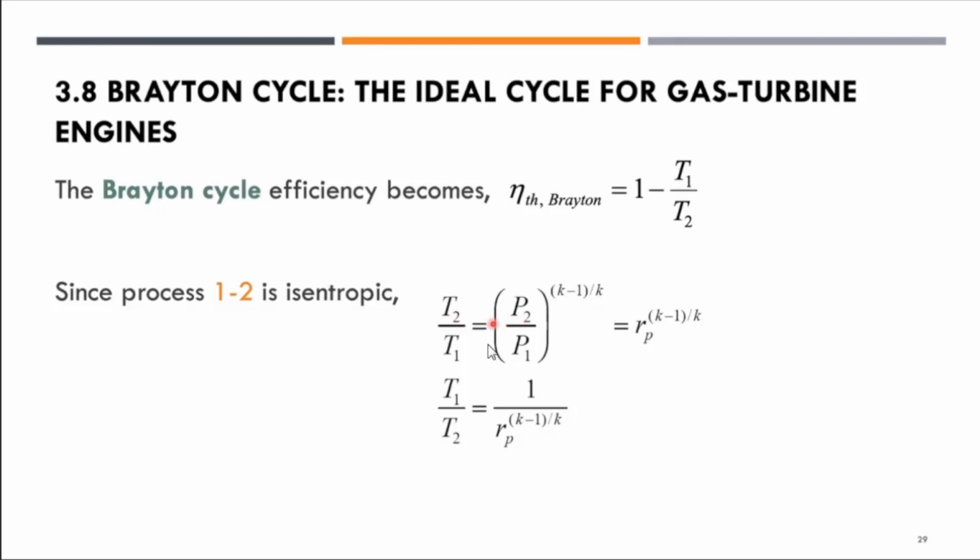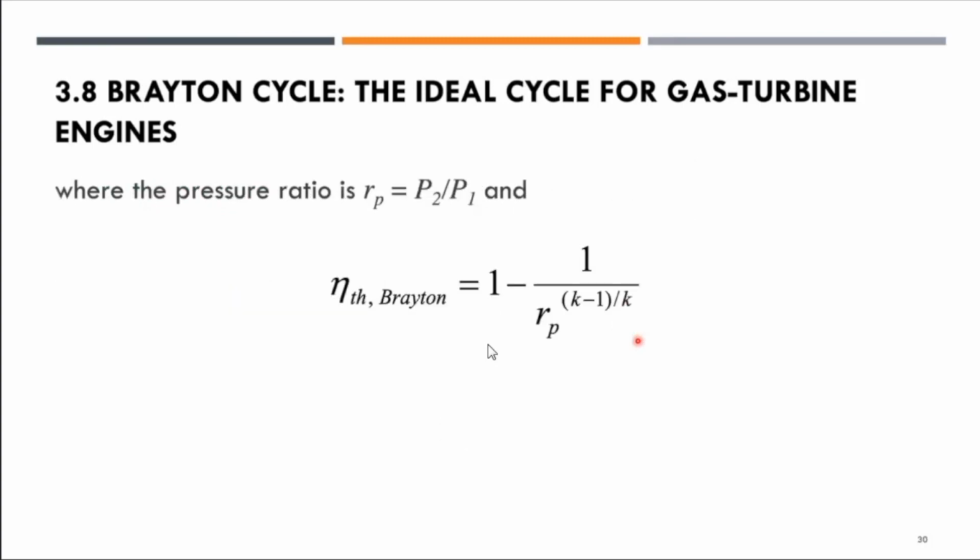So we can write it in terms of the compression ratio. With the pressure ratio rp, which is equal to P2 over P1, we can rewrite the expression of thermal efficiency for the Brayton cycle as a function of the pressure ratio of the compressor. Okay?